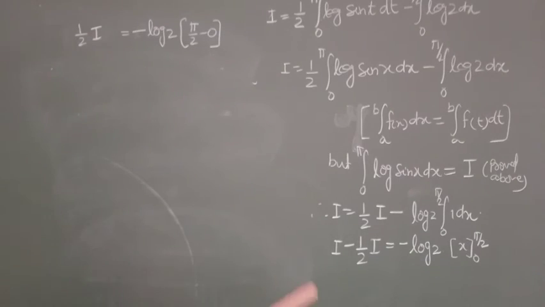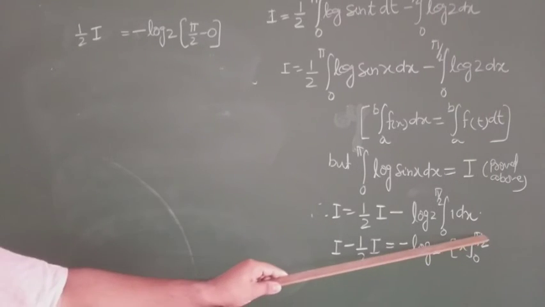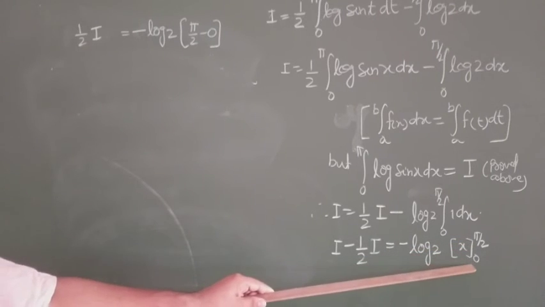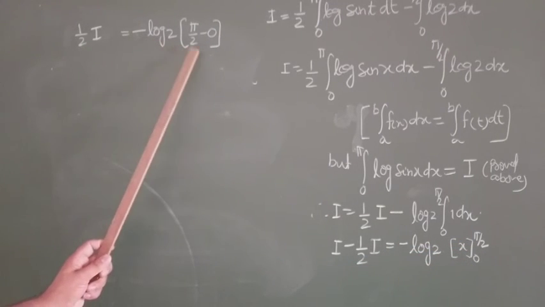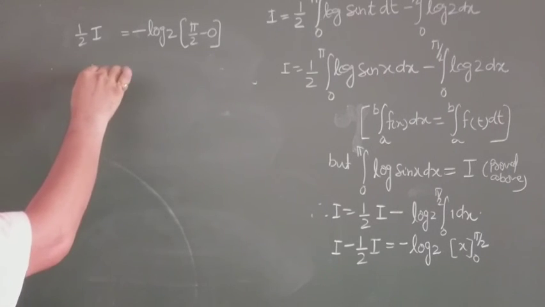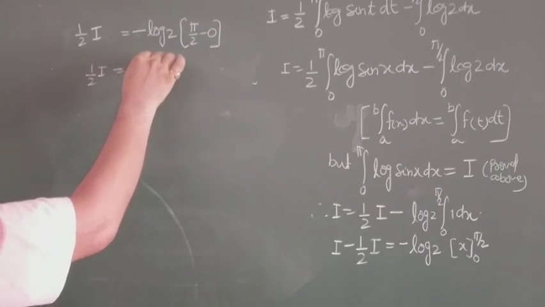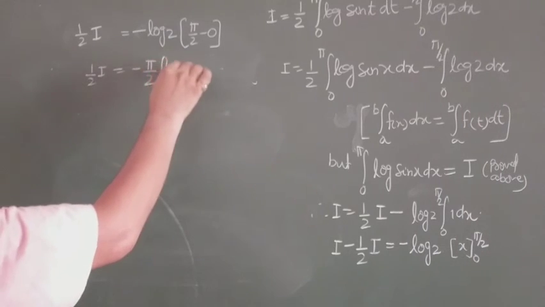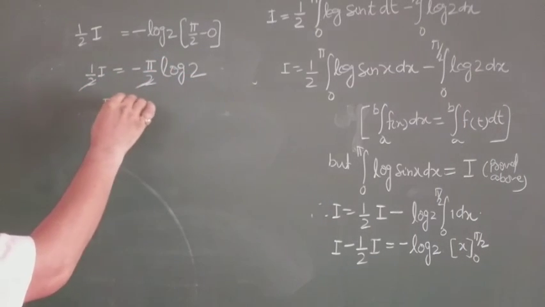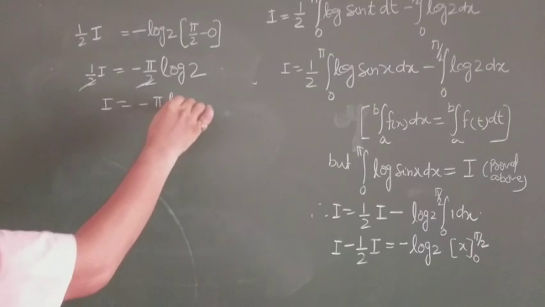Now students, 1 minus 1 by 2 I means 1 by 2 I equals to minus log 2. When we apply the limit, it will be pi by 2 minus 0. Log 2 pi by 2 minus 0. So 1 upon 2 I equals to minus pi by 2 log 2. The 2 cancels, I equals to minus pi log 2.